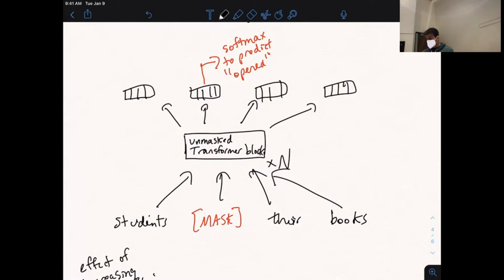So the question is, while training this masked language model, do you only adjust the parameters associated with the mask token? Note that this model has a lot of parameters, right? Every transformer block has parameters. All of the word embeddings are parameters of the model, not just the mask embedding. All of the parameters are being adjusted.